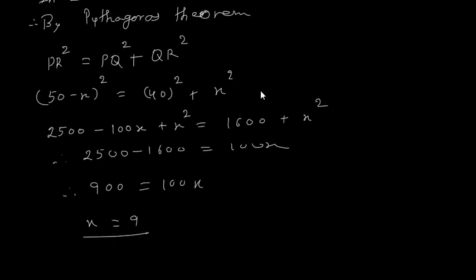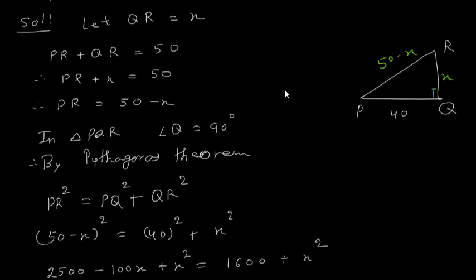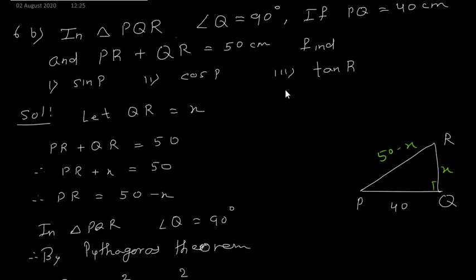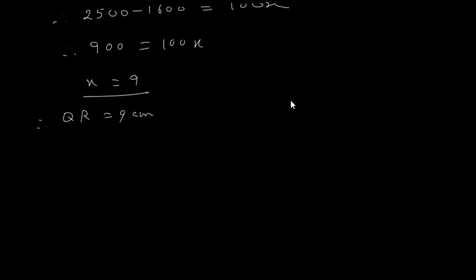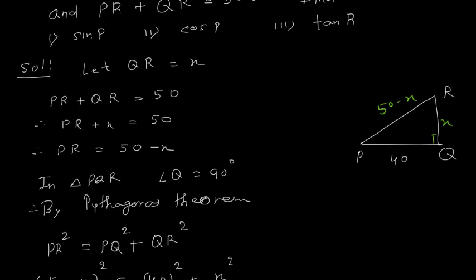So therefore X is QR, so the value of QR is 9 centimeter, and PR is 50 minus QR, that is 50 minus 9, so that is 41. So we have these two values.